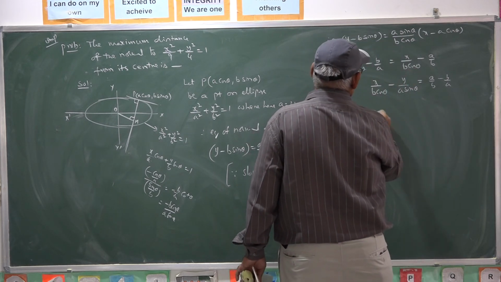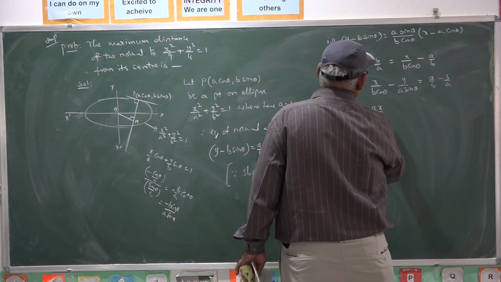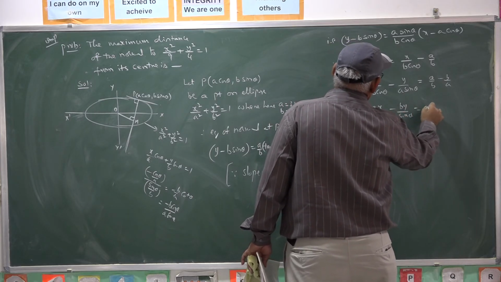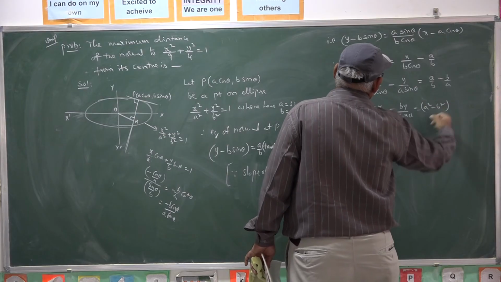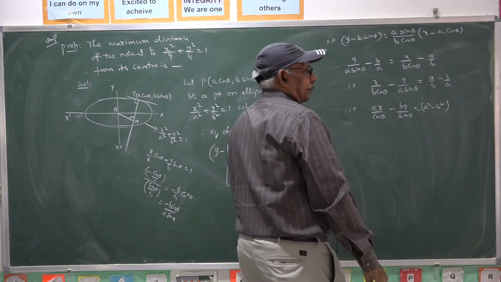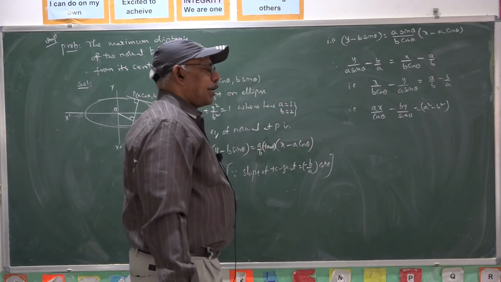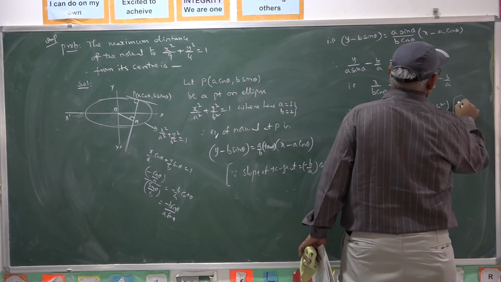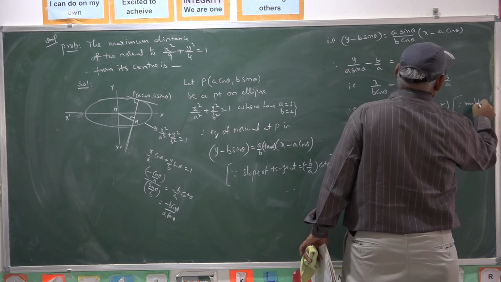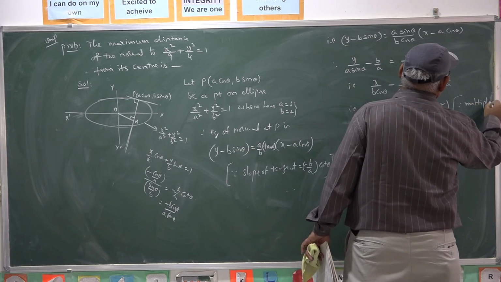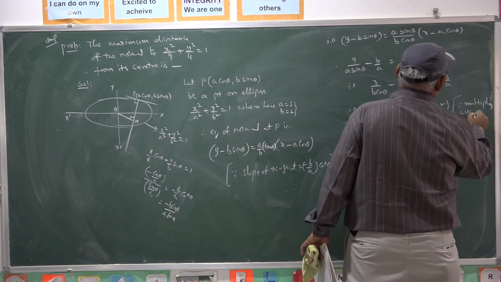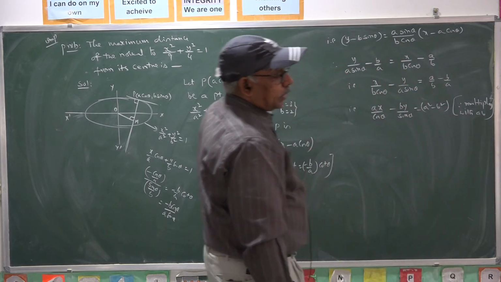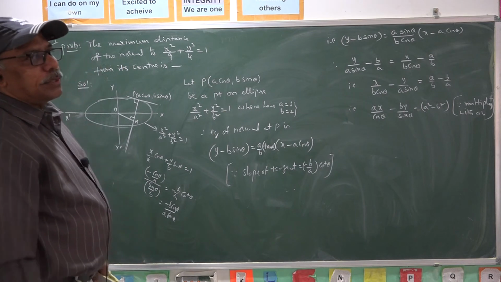Multiplying with ab, we get ax by cos theta minus by by sin theta equal to a square minus b square.